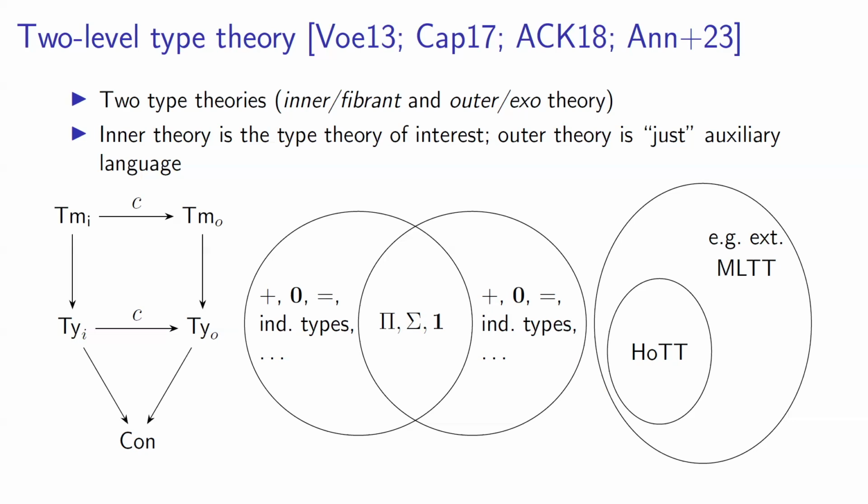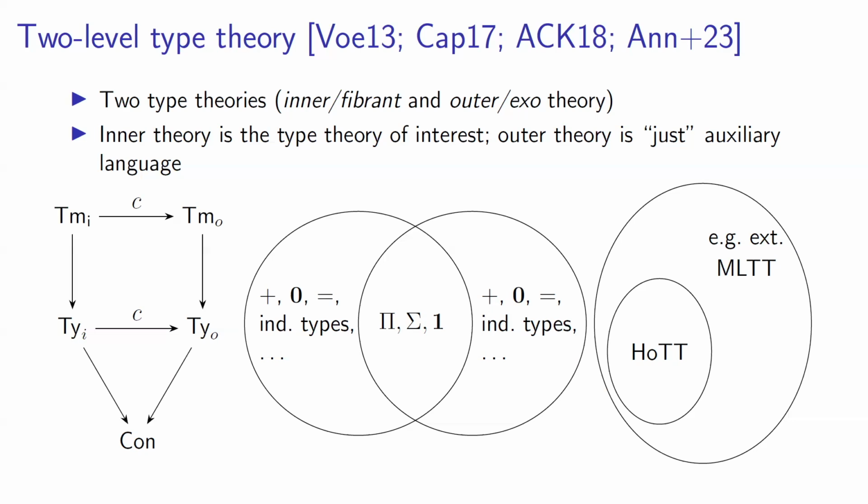A two-level type theory consists of two type theories which share a category of contexts. The left part here is the type theory that we are actually interested in. I present this in the form that Thorsten likes, as a category with families of contexts, types, and terms.